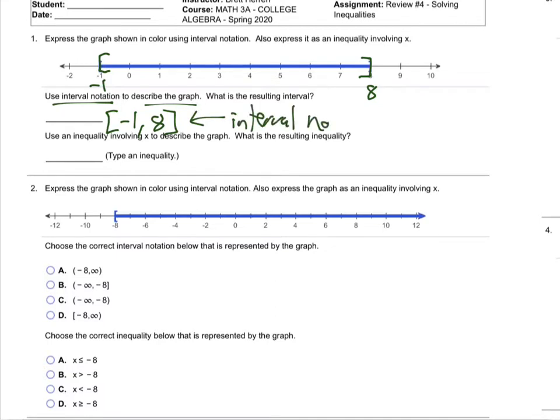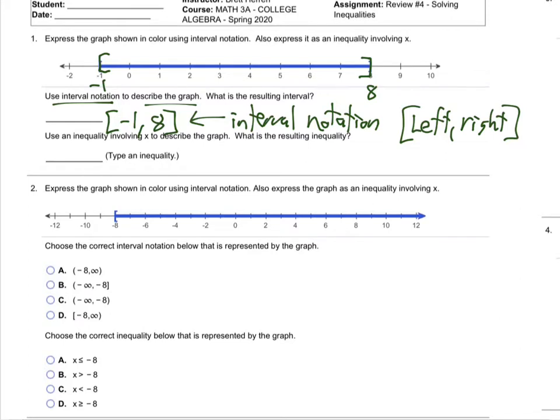What interval notation does is it goes from the left edge to the right edge. So it's saying all the numbers are shaded from -1 all the way to +8. The order matters. You've got to have the left edge coming first and then the right edge.